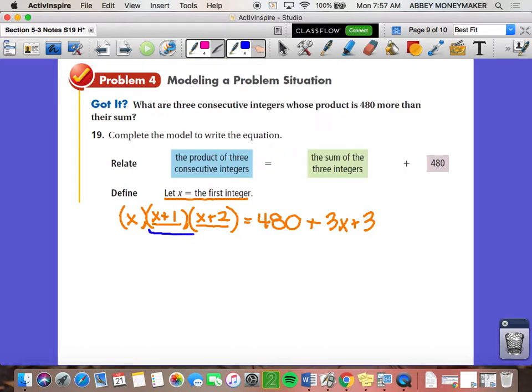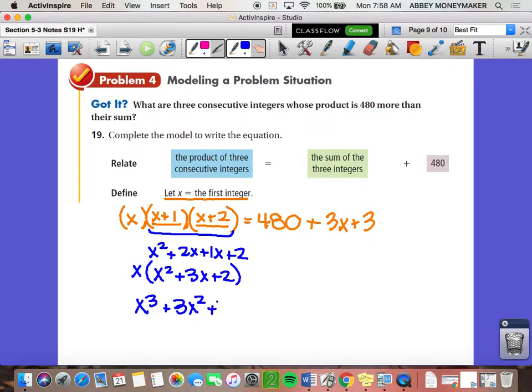So let's multiply these two together, and then we'll throw the x on it too. So this came from x squared plus 2x plus 1x plus 2. That came from x squared plus 3x plus 2. And then I would give that an extra x. So we have x cubed plus 3x squared plus 2x is equal to 480 plus 3x plus 3.